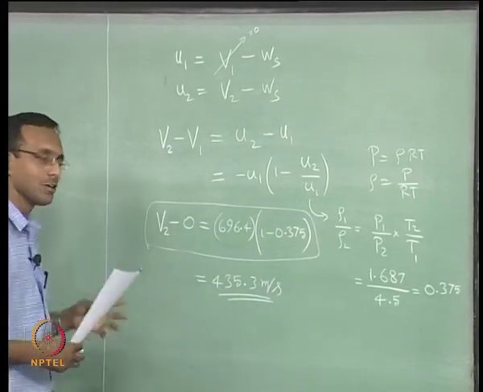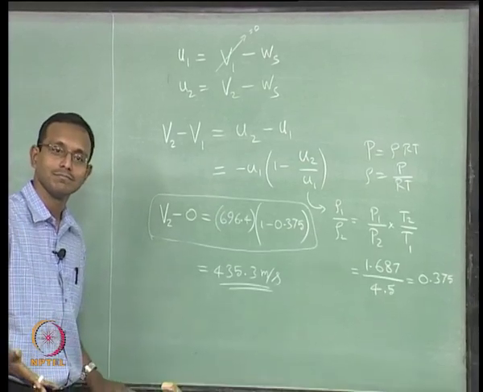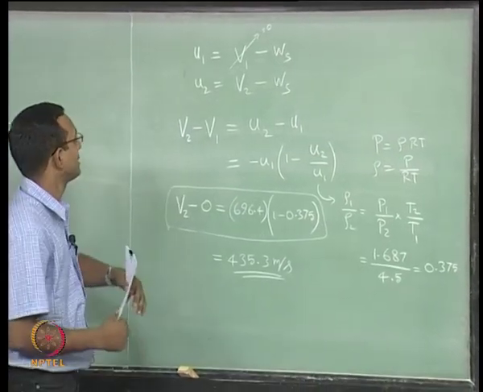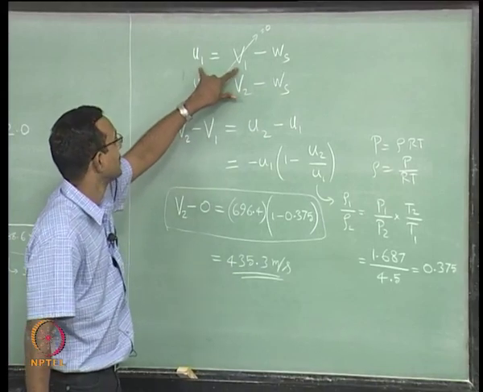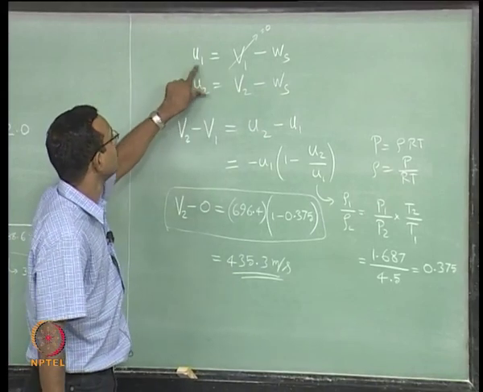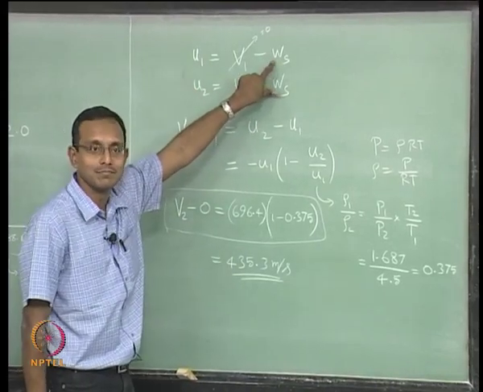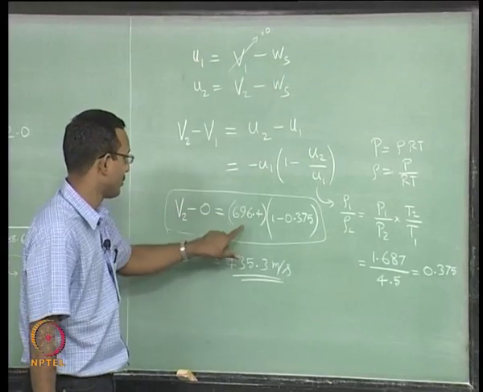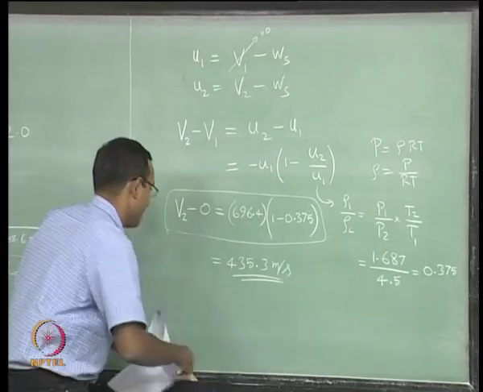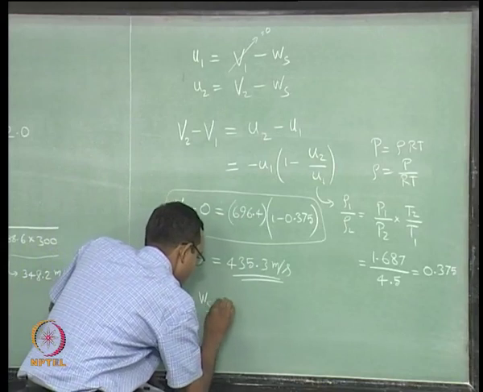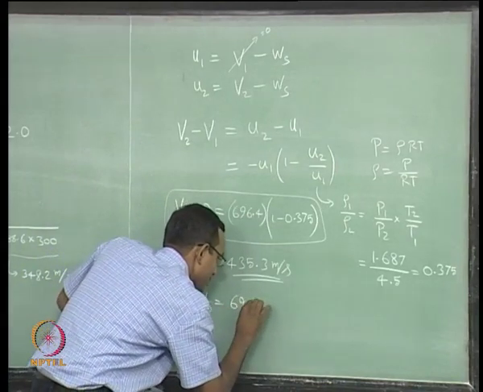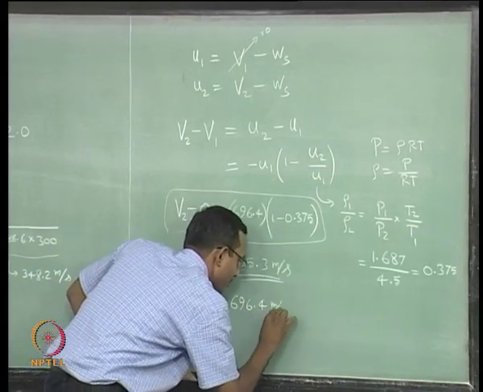Now have I found the shock speed? Yes, because from this expression minus u1 happens to be the ws. Minus u1, we already put a number here. Shock speed happens to be 696.4 meter per second.